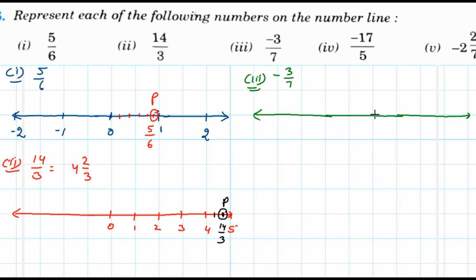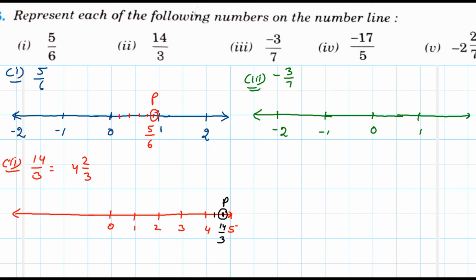So we have to deal with minus, so we will take -1, -2, right? So we will divide this into 7 divisions.